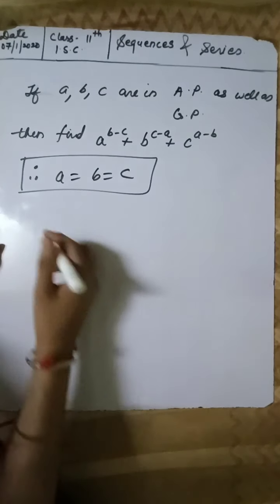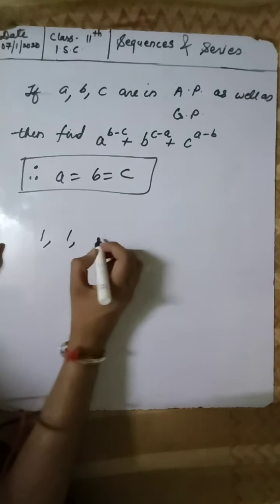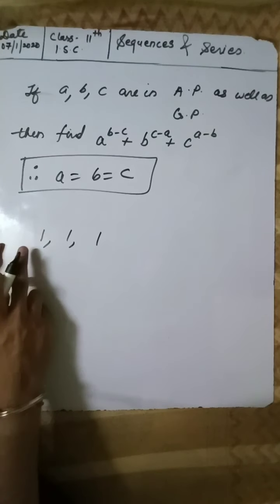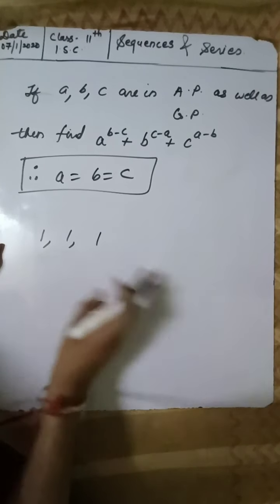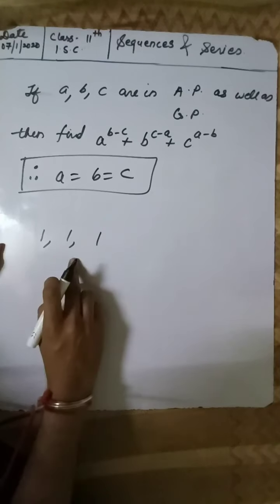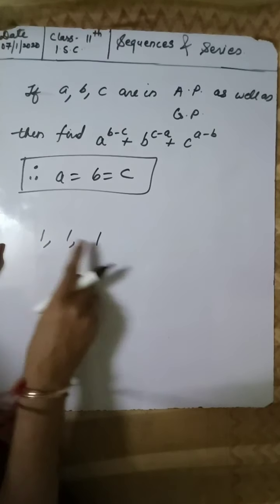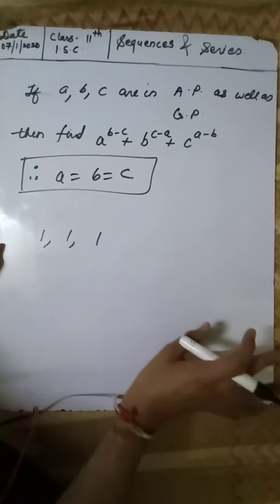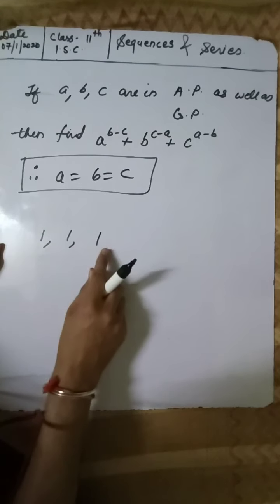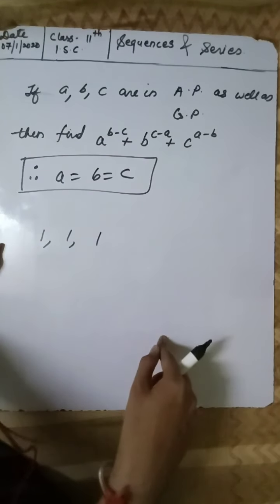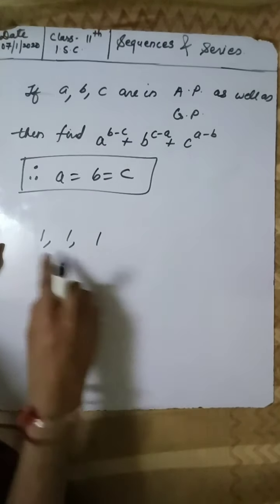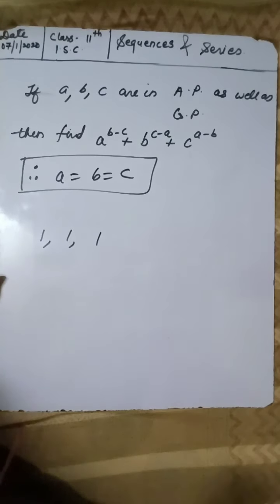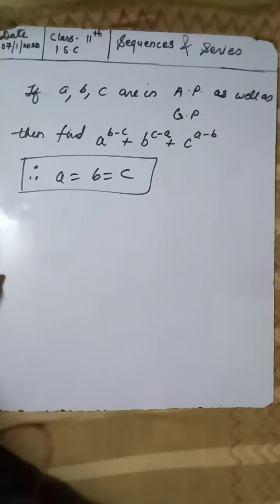How? For example, I'm taking 1, 1, 1. These three numbers are in AP also and in GP also. How? 1 minus 1 is 0, 1 minus 1 is 0, AP satisfied. 1 upon 1 is 1, 1 upon 1 is 1, GP also satisfied. So the numbers have to be identical to be in AP and GP both.